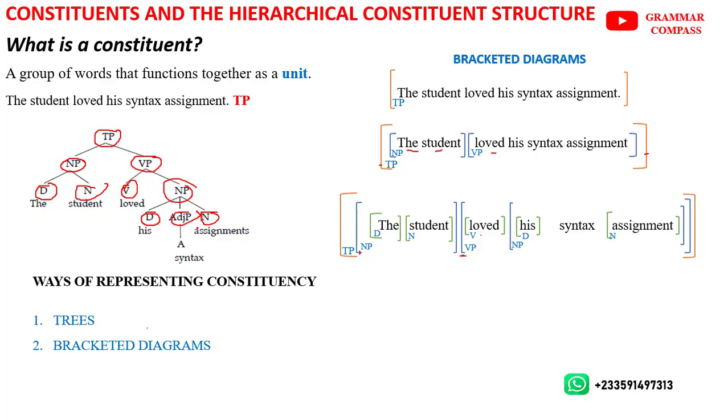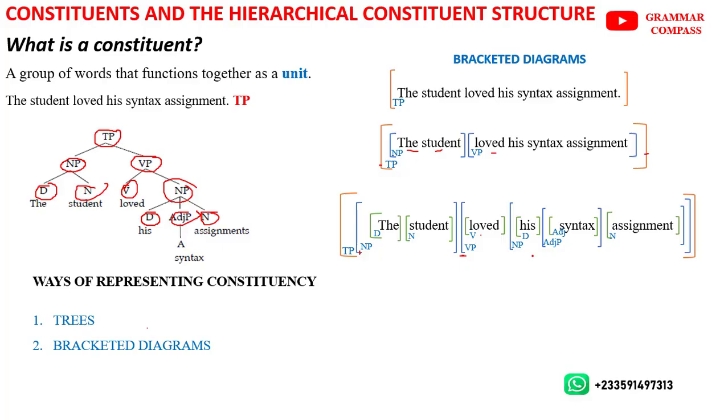But we are left with the last constituent within the noun phrase, and it was what? An adjective phrase. This means that syntax over here becomes our adjective phrase. This adjective phrase that we have here, syntax, as we see from our tree diagram, consists of only an adjective, syntax. Therefore, within this adjective phrase, we have only one adjective, that is syntax. This is how to represent constituency using bracketed diagram.